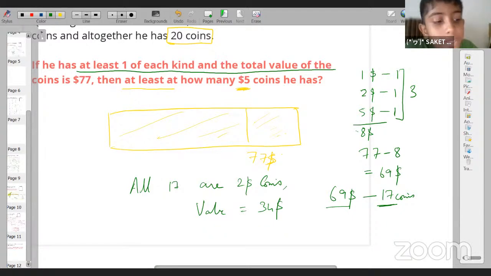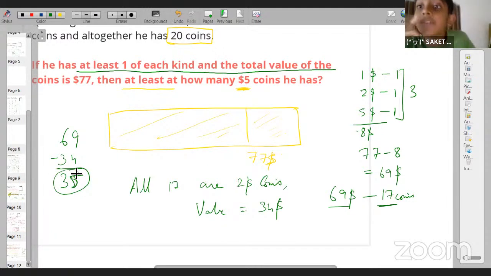Yeah, so the value will be 34. Okay, so once again, if we change each $2 coin into a $5 coin, we gain $3, and the difference between 69 minus 34 is 35. We need 35 more.